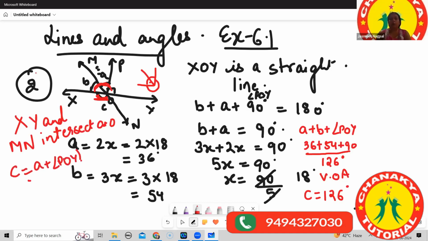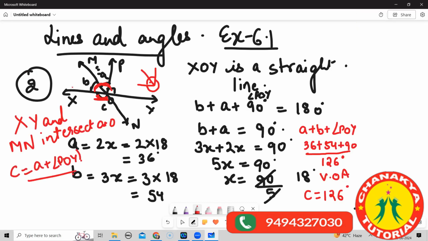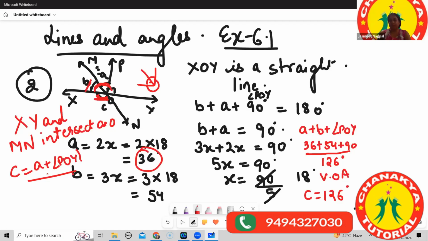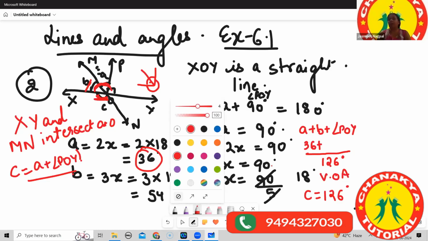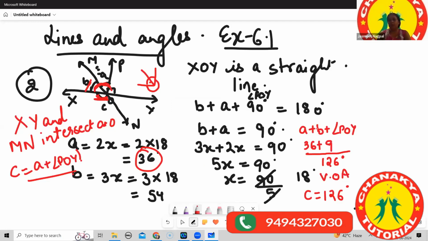So you will not consider it as B. Only 36 you will consider, not B. Only POY and A are considered, not B, okay? Yes, ma'am. So 36 plus 90 is 126.